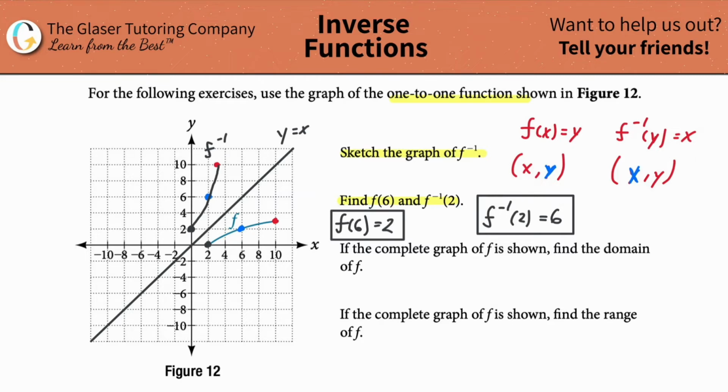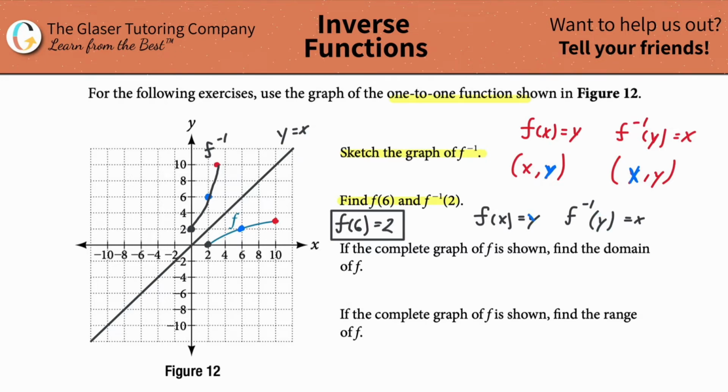But let's say you didn't have that, and the only thing you had was you knew this to be true. So watch what's going to happen. When you have this, f of x is equal to y, the inverse function will basically switch, like we said before, the x and the y values. But remember, this still represents technically x.